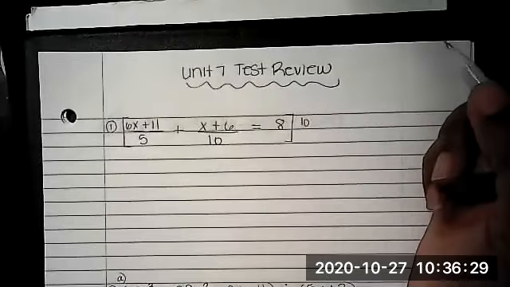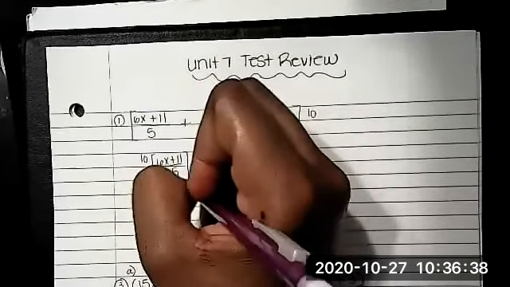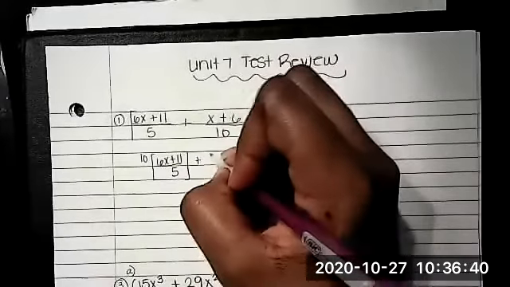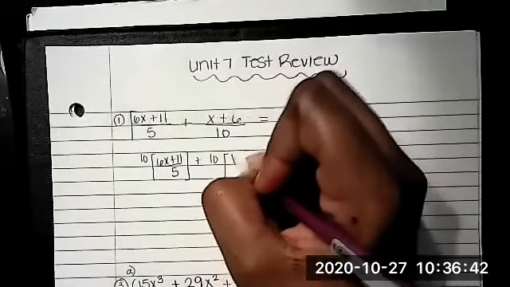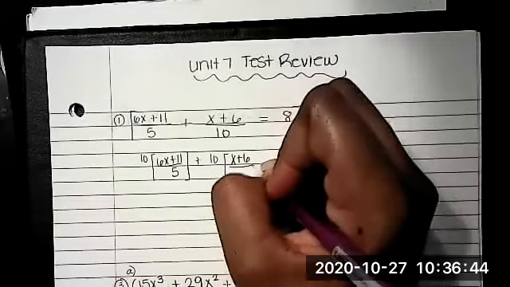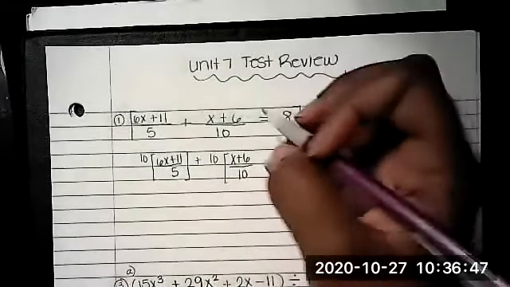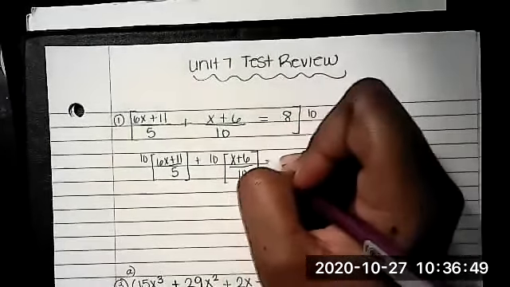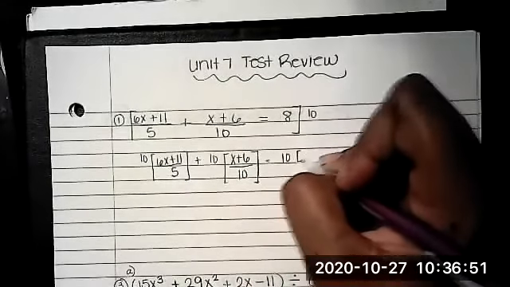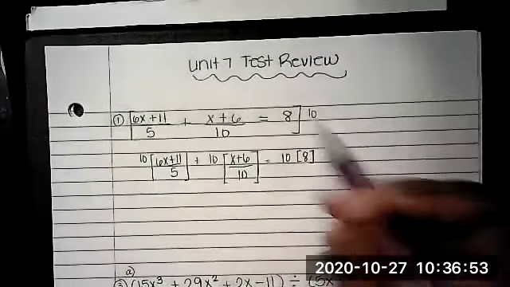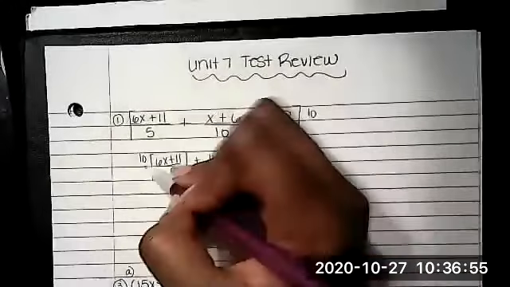So you're going to multiply everything by 10: 10 times (6x + 11)/5, plus 10 times x, plus 10 times (x + 6)/10, equals 10 times 8.